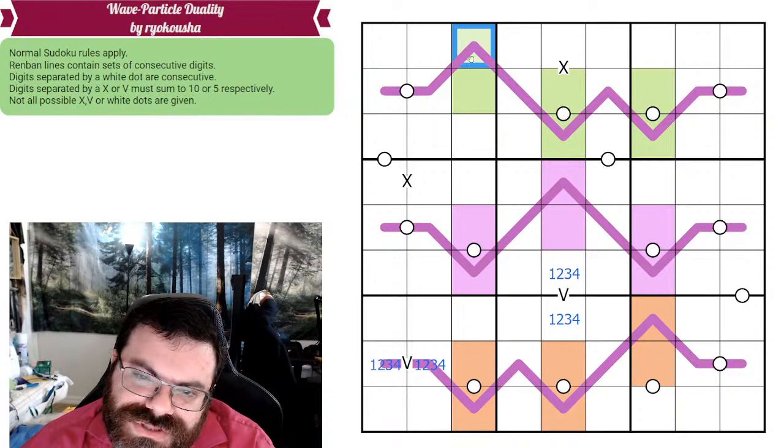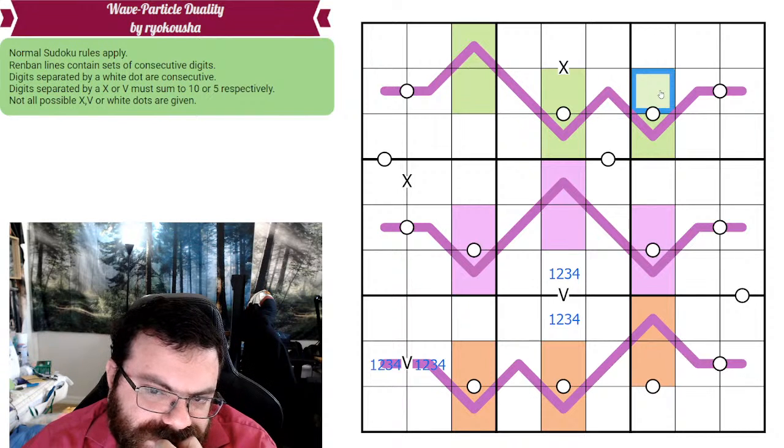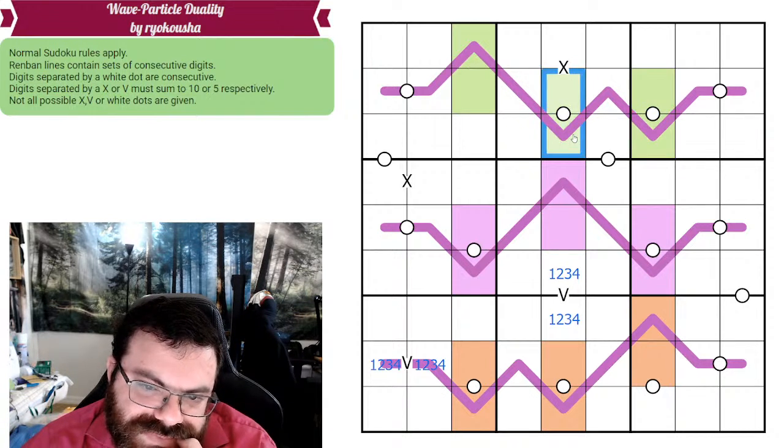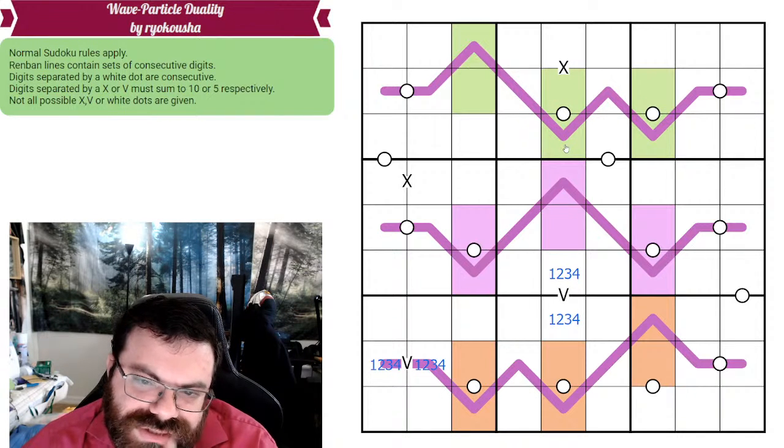Can I figure out which is which? The white dots are very suspicious. So we know two of the greens are consecutive with each other.